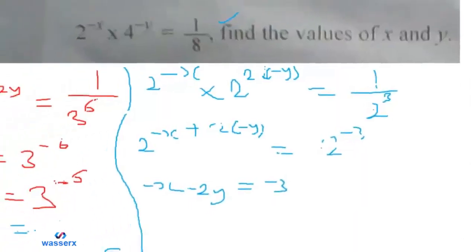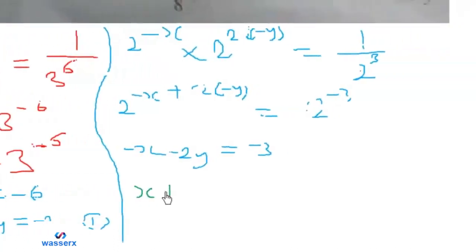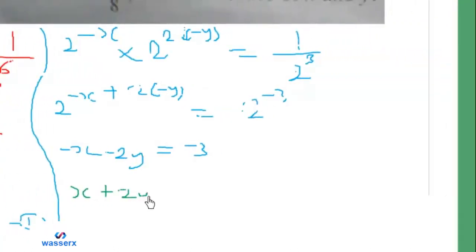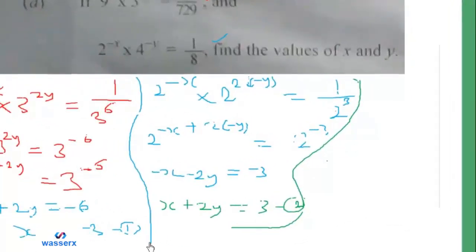So it means dividing through by negative 1, we get x plus 2y is equal to positive 3. So this is our equation 2. Now we can solve equation 2 and equation 1 simultaneously.